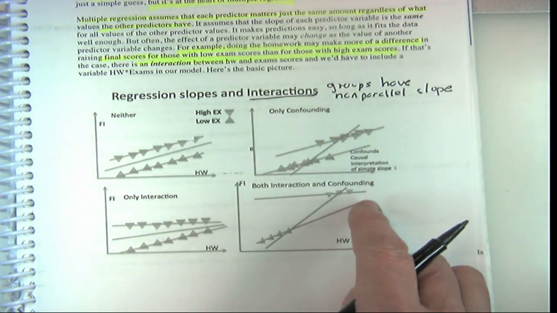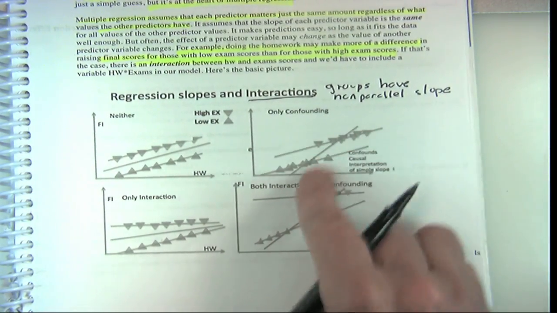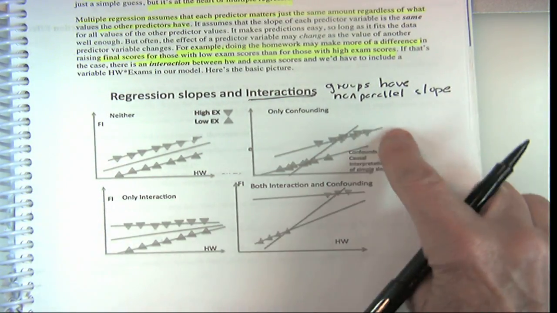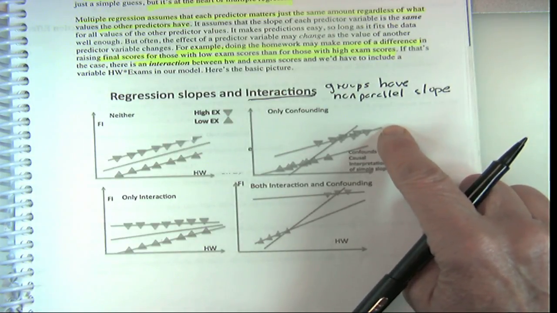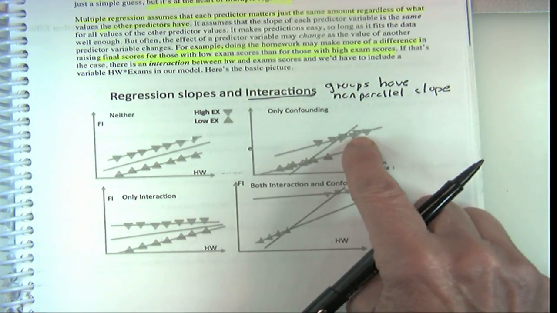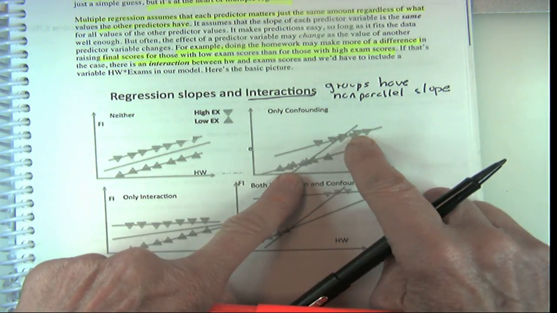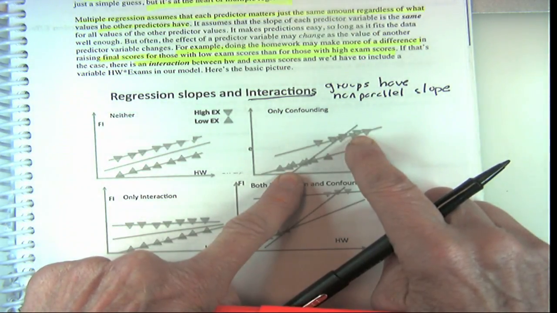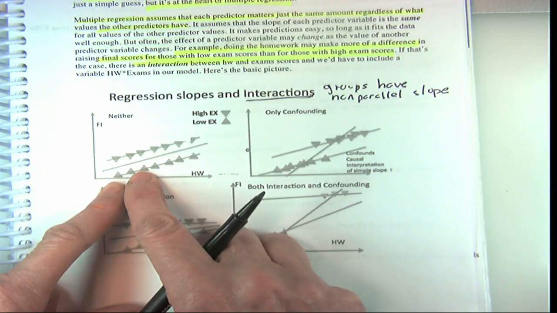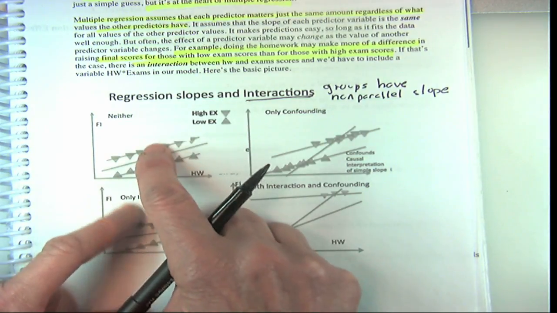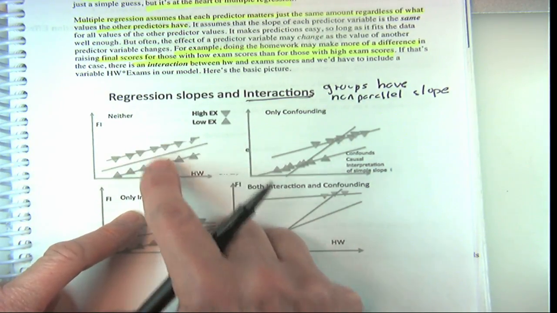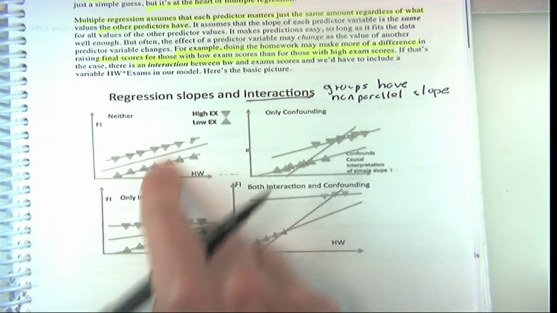But here, and this is a situation we saw before, the high exam people also had higher homework, where they were correlated. Homework and exams are correlated. Here they're not. Whether you're in this group of high exams or low exams, your homework average is the same.